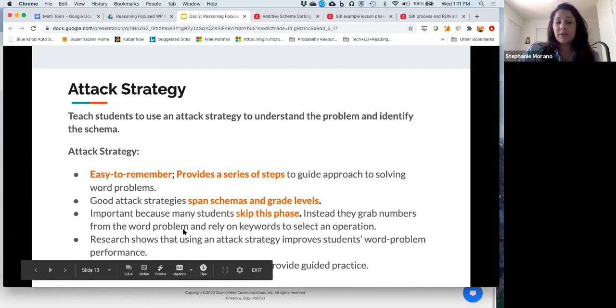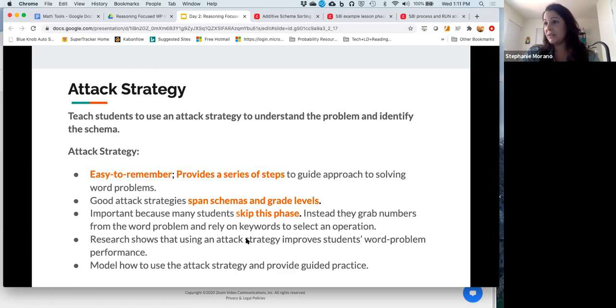It's important to use an attack strategy because a lot of students skip this part of the problem solving process. We talked on Monday about the keyword strategy. If students are just looking for a keyword and then grabbing some numbers and trying to operate, they don't necessarily have to read the problem. They're just scanning for words.